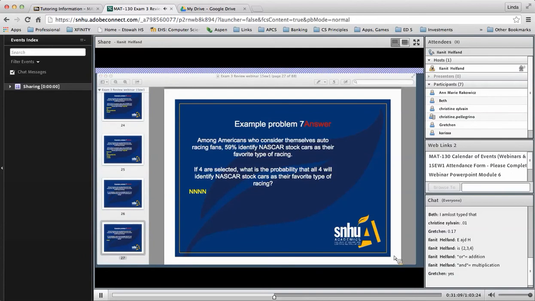So my shorthand for 4 people all liking NASCAR as their favorite is N, N, N, N. And we can calculate the probability of N, N, N, N the same way. Each one of these N's is going to contribute a 0.59. So it's just 0.59 times 0.59 times 0.59 times 0.59, which we write as 0.59 to the 4th power, which comes out to be 0.1212.